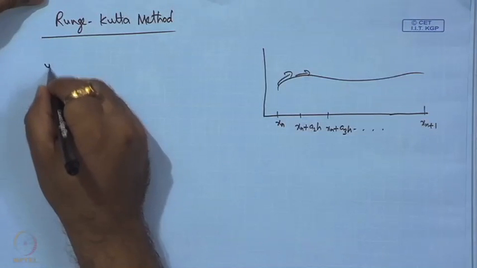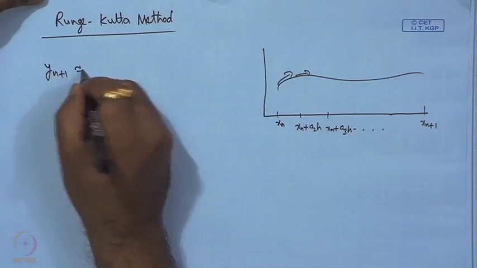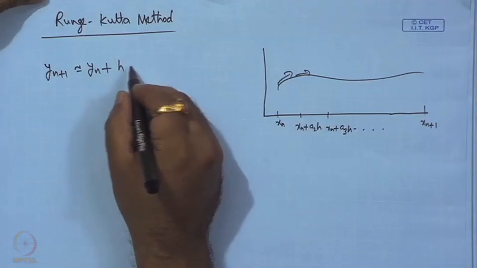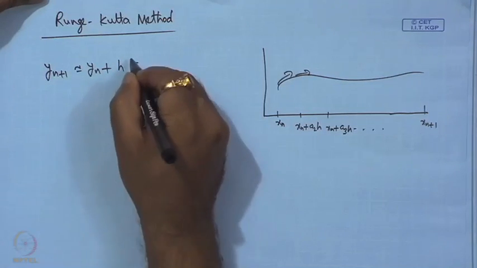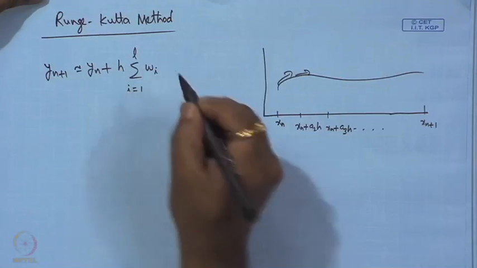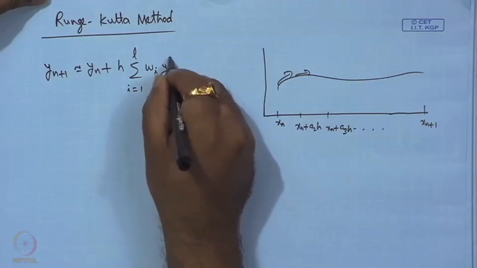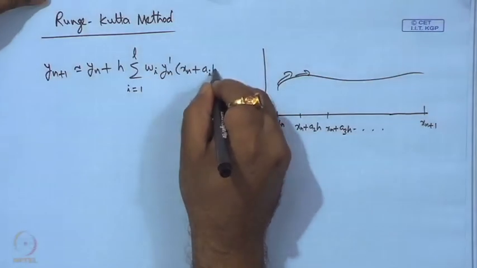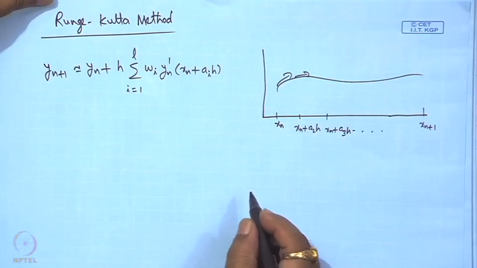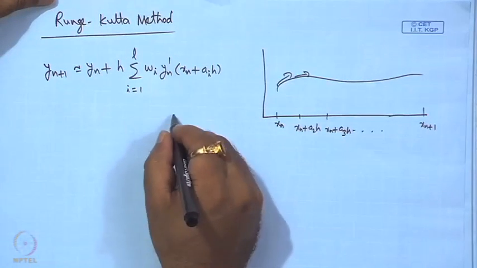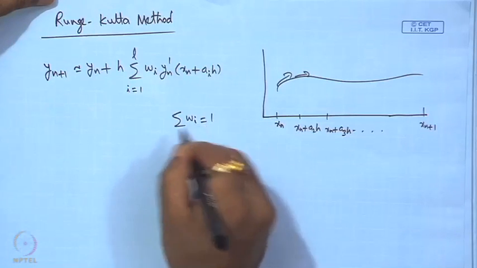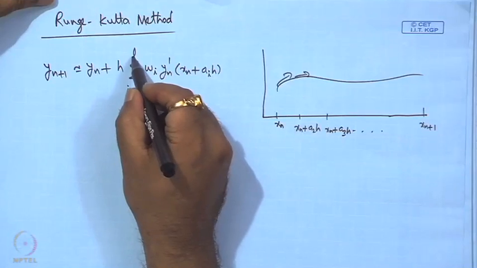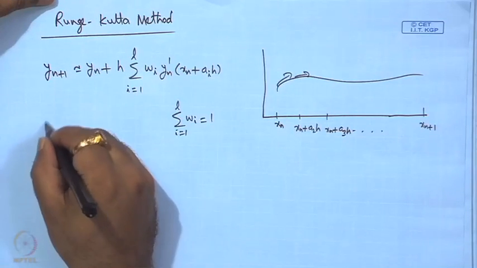So, your approximate solution is y n plus h times the sum from i equals 1 to L of the weights and slopes at these intermediate points. Okay. So, as I mentioned, we are taking weights such that we have L intermediate points, and this L denotes L slopes.